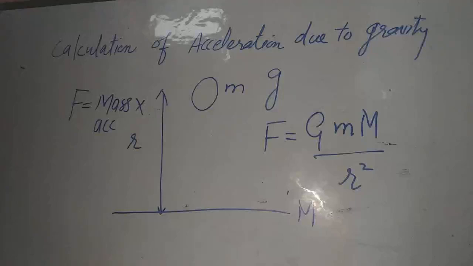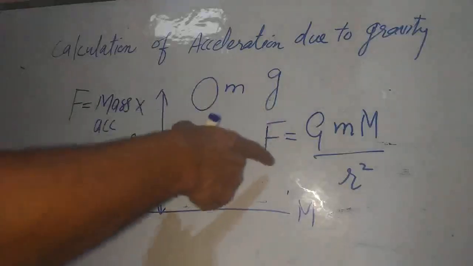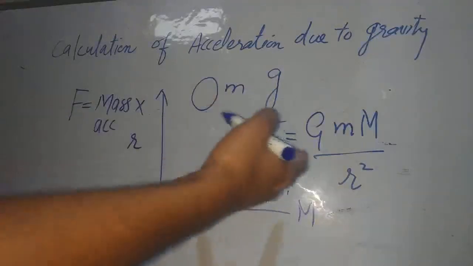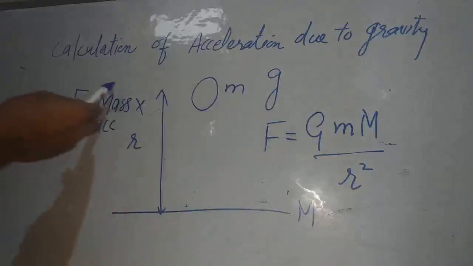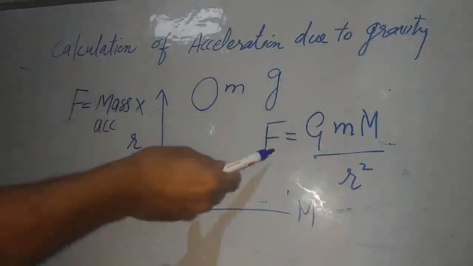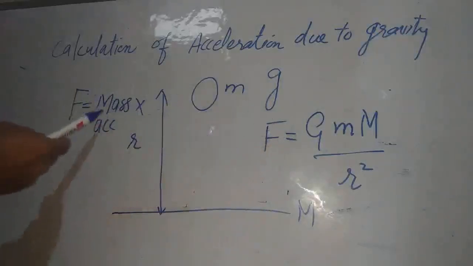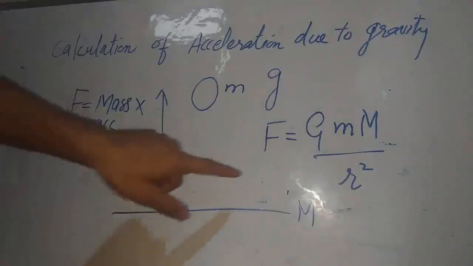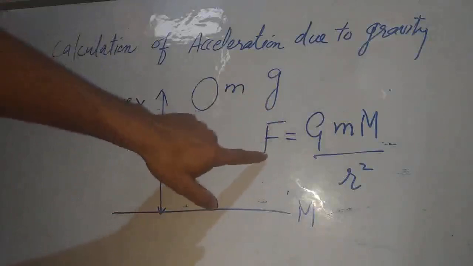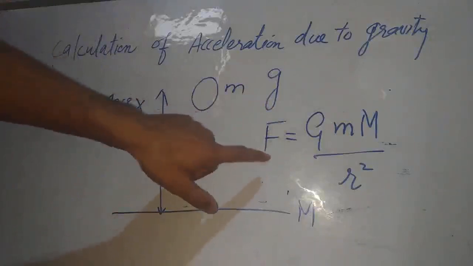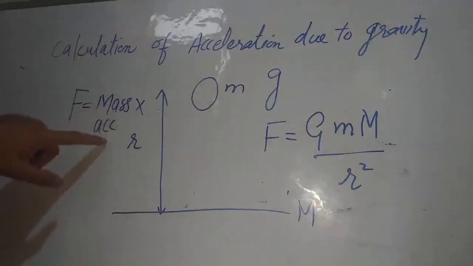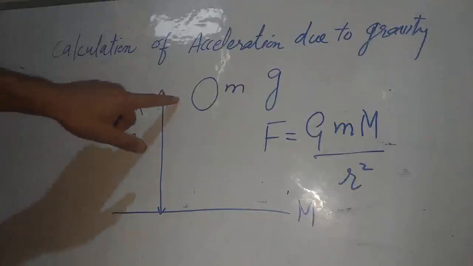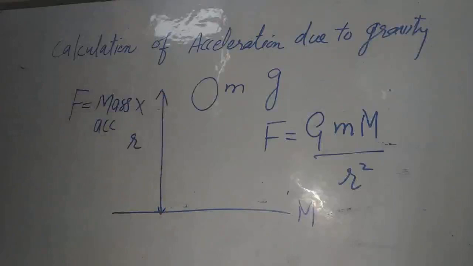So therefore the magnitude of gravitational force, this F, will be equal to the product of mass times acceleration, because here it's force, and here it's also force. Here the acceleration is acceleration due to gravity, that means g.